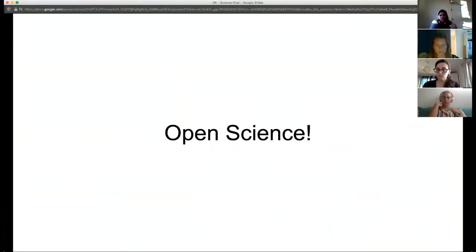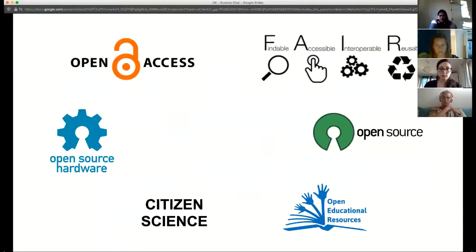What is more interesting, at least for me, is how openness is translated into science. Open science is like a huge umbrella. I like to see it as if you try to replicate the research process: you have a question and you design your research, then you collect your information, you analyze it, you publish it, and then you ask yourself another question. In each step of that process, you can open it.